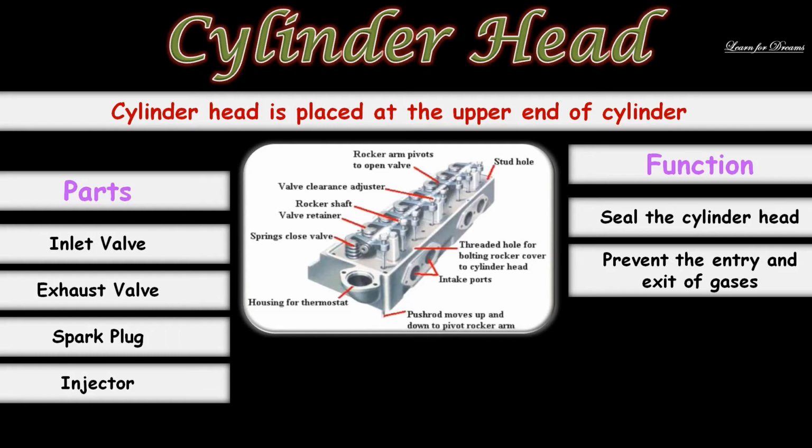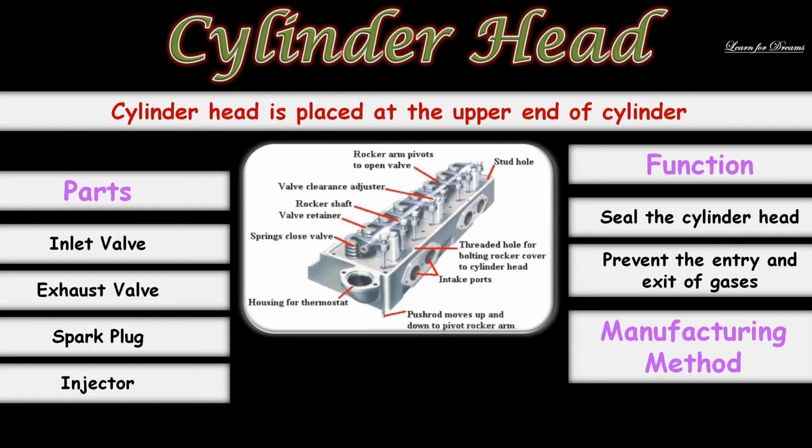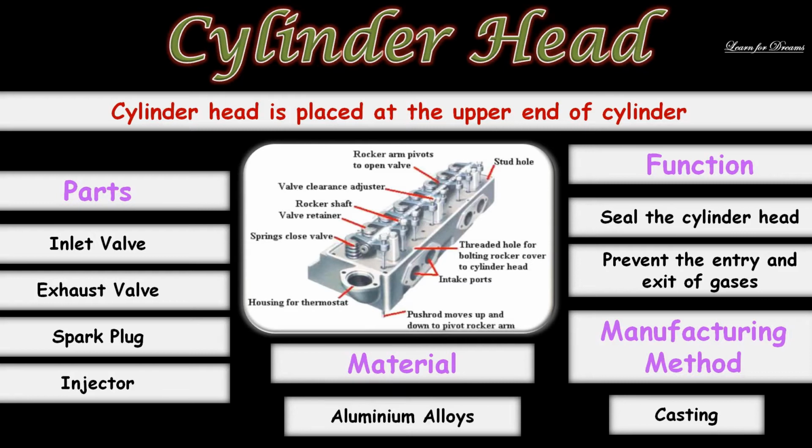Whatever combustion charge enters the combustion chamber should stay within the combustion chamber. The effective burning process has to be carried out, and only then does the exhaust charge move out from the cylinder. So preventing the entry and exit is the main function. Next one is the manufacturing method. The manufacturing method we have used here is casting.